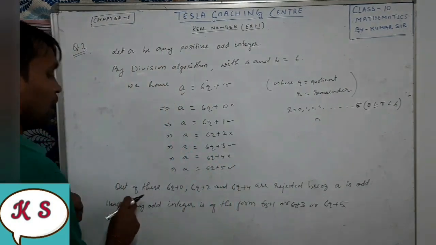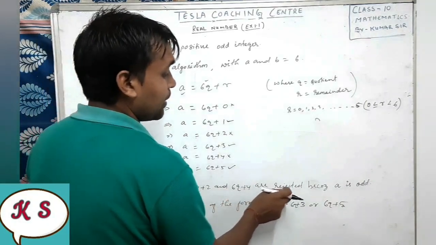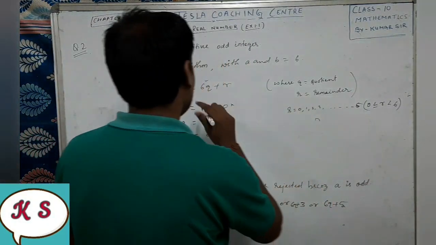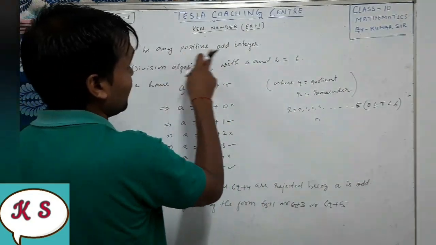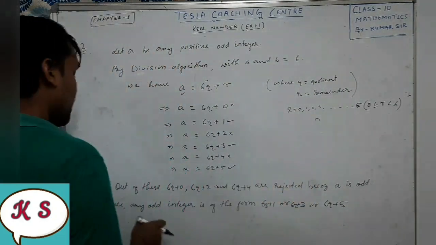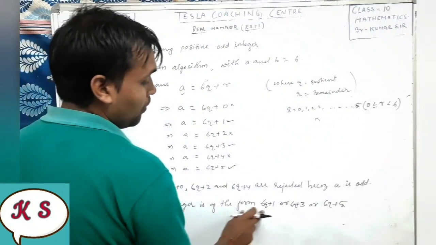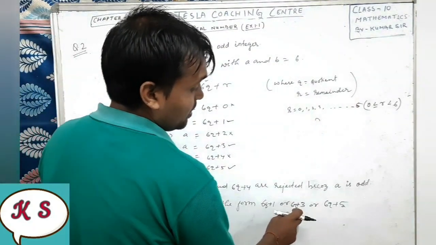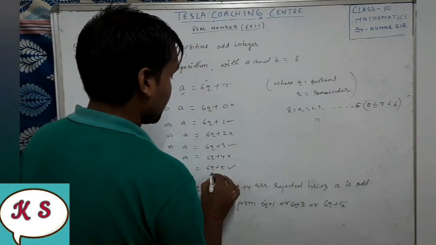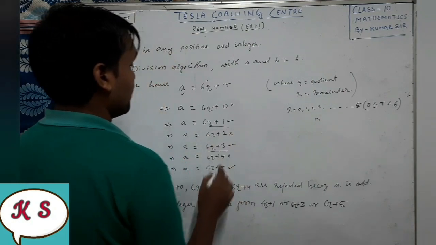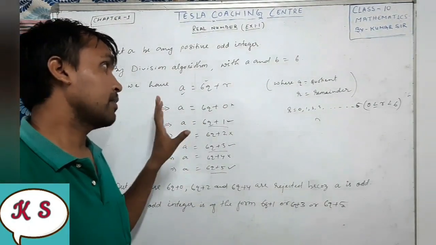So 6q plus 0, 6q plus 2, and 6q plus 4 are rejected, because we want our a to be odd, as we have already assumed a is an odd integer. Whatever is left out, hence any odd integer is of the form 6q plus 1, 6q plus 3 or 6q plus 5. So these are the required odd integers, which is what they are asking us to show.